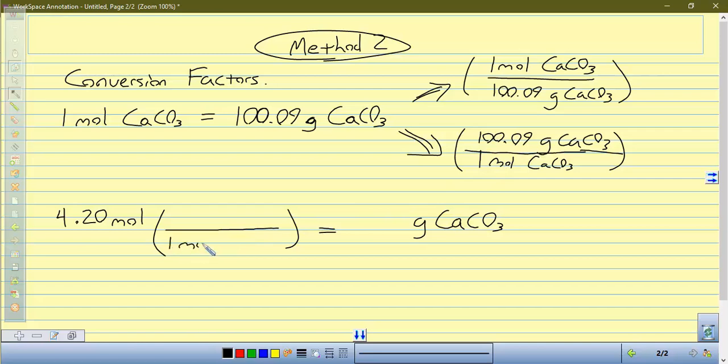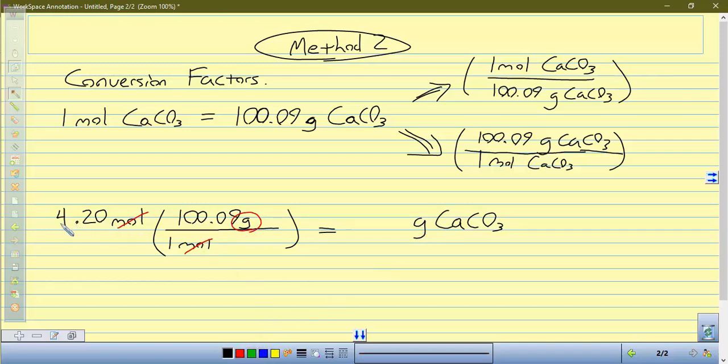So now 1 mole on the bottom, 100.09 grams on top. If I have moles on top and moles on bottom from algebra, that means it cancels. Moles divided by moles cancels, and I'm left with the grams. That doesn't cancel, and that's good because that's the unit that I want in the final answer.